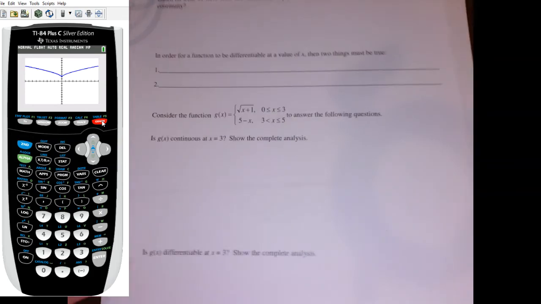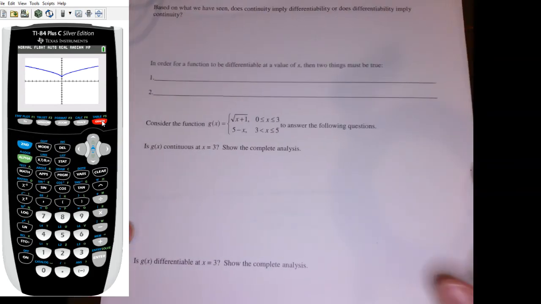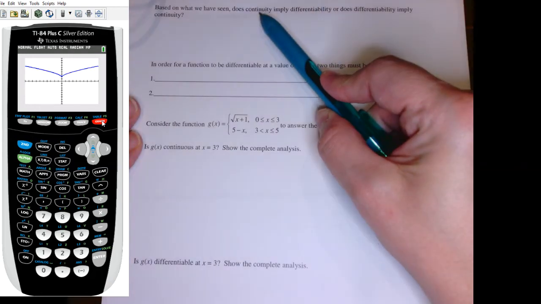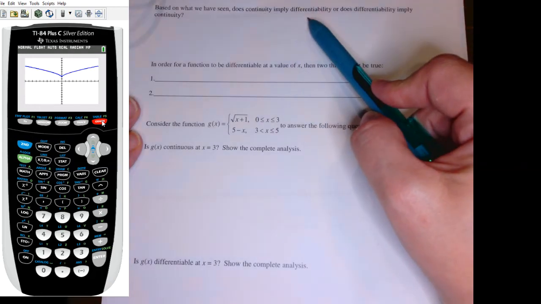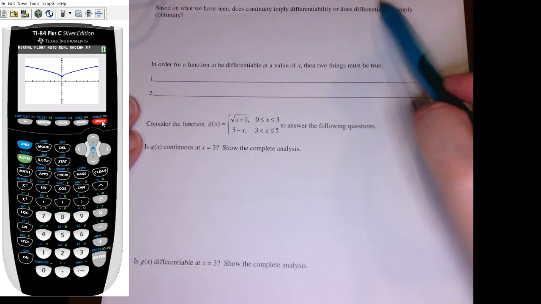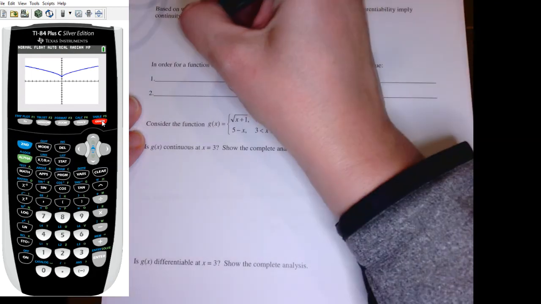So based on what we've seen, does continuity imply differentiability, or does differentiability imply continuity? Well, we've already shown that you can be continuous but not differentiable. So it has to go the other way.